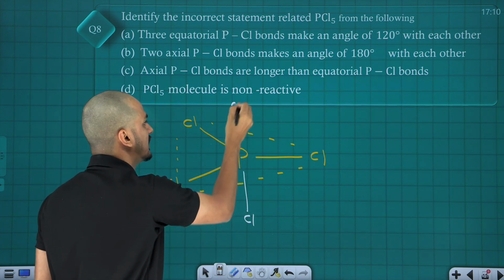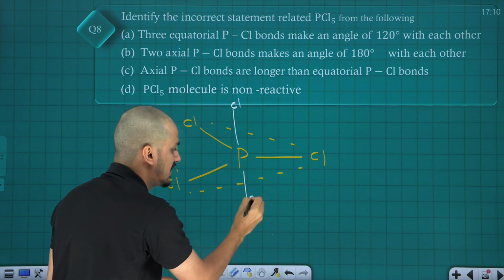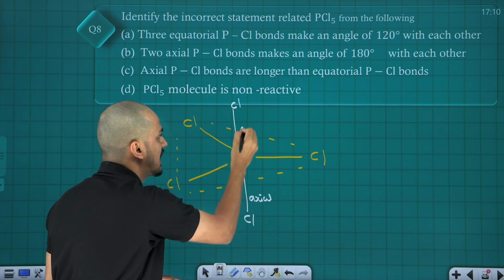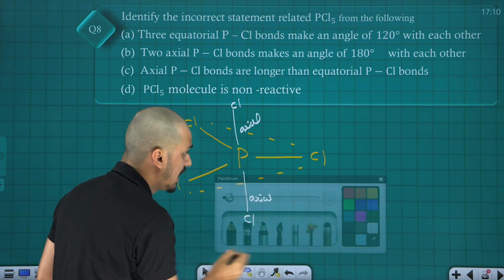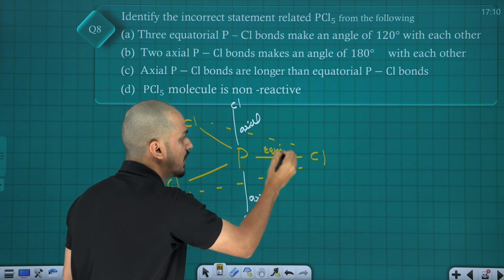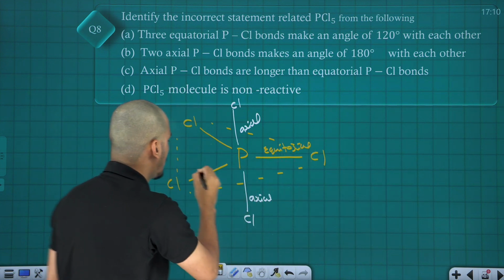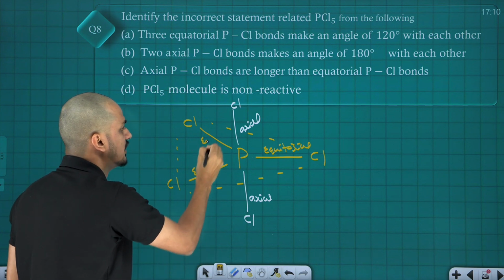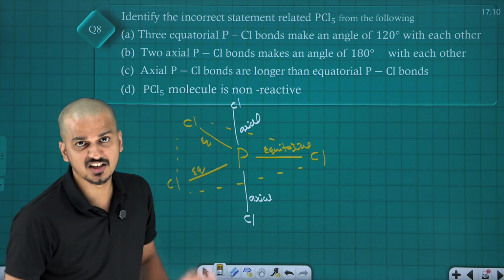The white color I am representing is the axial bond. This yellow color is the equatorial bond. This also equatorial, this also equatorial. Ready? This much idea I know.